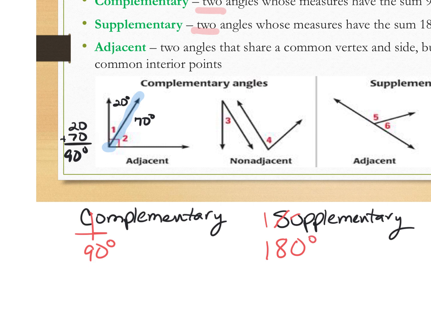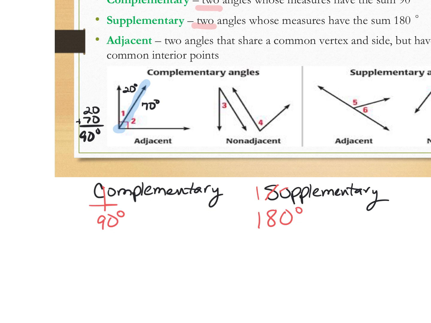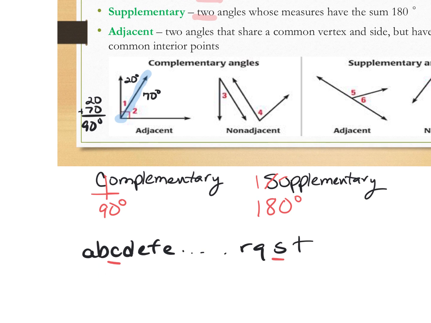Whatever tricks are going to help you remember that complementary are two angles that add to 90, supplementary two angles that add up to be 180. Sometimes what I also think about is if you were to write out the letters in the alphabet, A, B, C, D, E, F, and then all the way get here to Q, R, S, T. So where the C is and where the S is, I sort of think of this as like a number line as well.